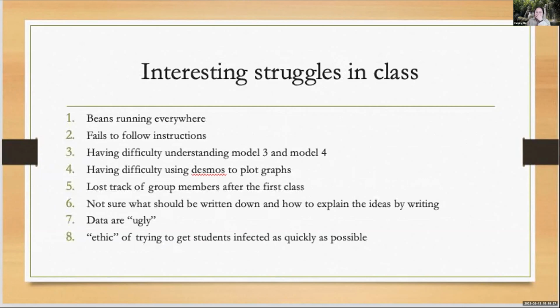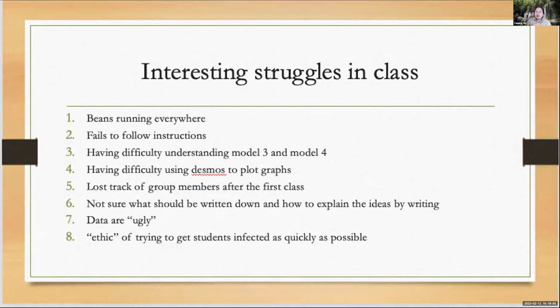So like I said, there are some very interesting struggles in the class. Students have difficulty making the beans fall on the map, so it took a long time for them to figure out the most efficient way to do this. Some students find it hard to follow the instructions because we don't have the computational part of it. They have difficulty plotting the graph and matching it with the model.